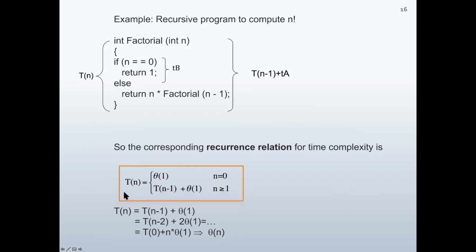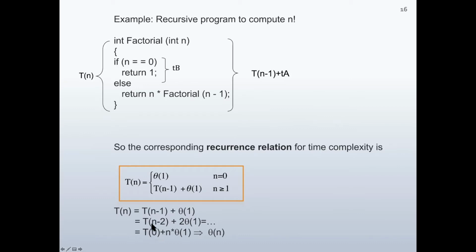First, by using the recurrence relation, let's write T(n) as T(n minus 1) plus theta 1. Then replace this T(n minus 1) with T(n minus 2) plus theta 1. We have another theta 1 here, so we will have T(n minus 2) plus 2 theta 1, and continue in this manner until we have T(0).